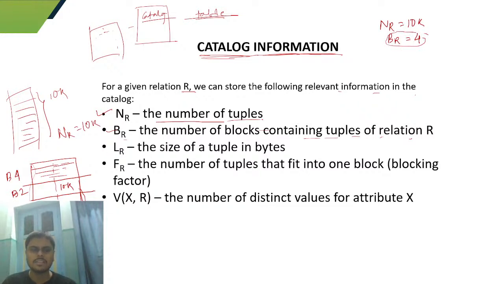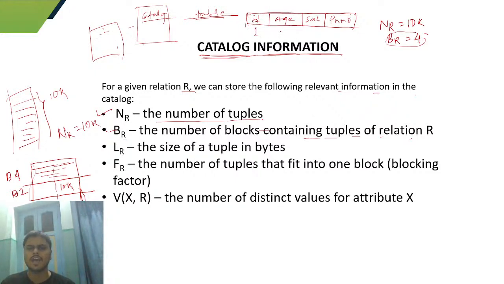The second one is the size of the tuples in bytes, which is LR. Suppose you have a tuple like this: you have an ID, then an age, then a salary, then a phone number. These are all the attributes of a tuple.